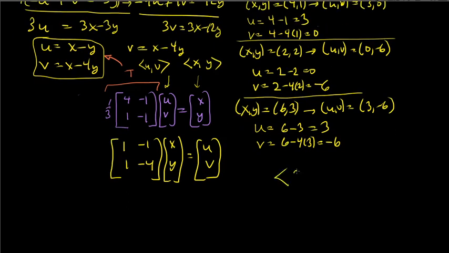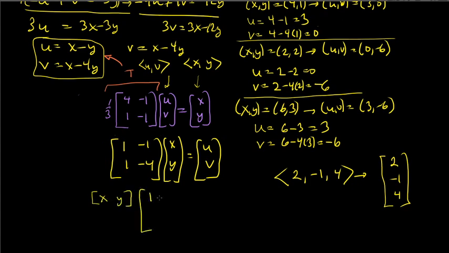In this class we've been doing vectors this way, and in linear algebra it's usually easier to write them as a column instead of a row, just so that you can do the matrix multiplication a little bit easier. I mean, you could do it with a row vector too. It's just the reverse. You have to put the x and y on the left, and then the matrix on the right, and then you get your u and v as a row vector. Let's not get into that. This is not a linear algebra course, but you can see the connection here.